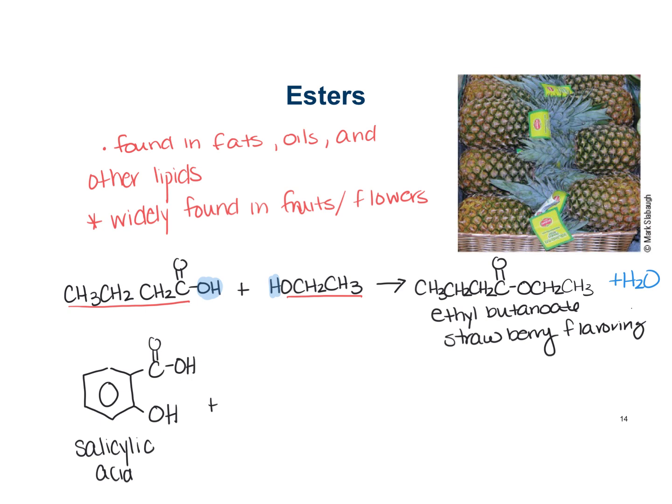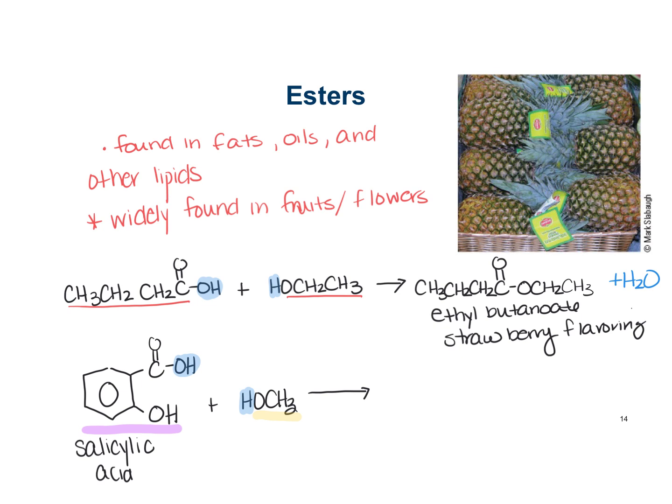And then we also have the methyl alcohol, which is right there. So when we look at this, again, I like to highlight the OH from the carboxylic acid and the hydrogen from the alcohol, because I know that's going to go and form the water.